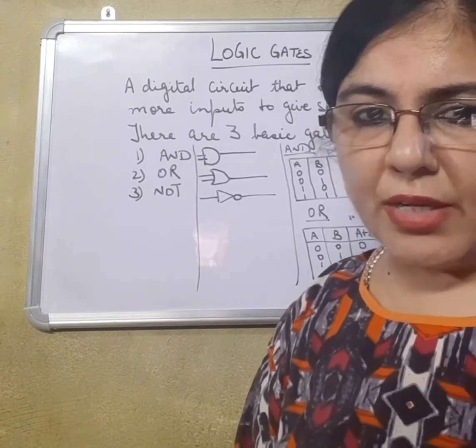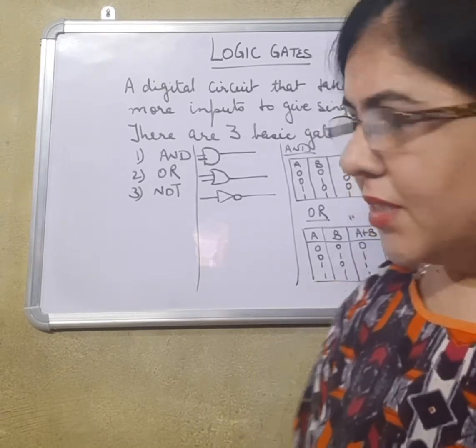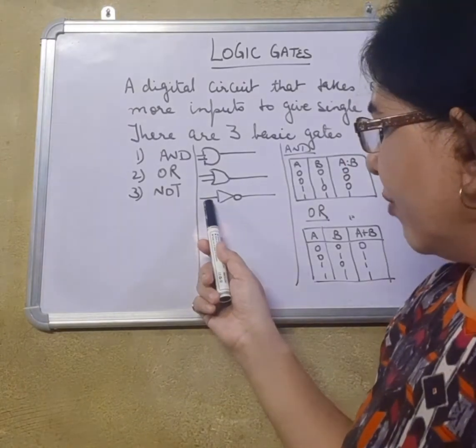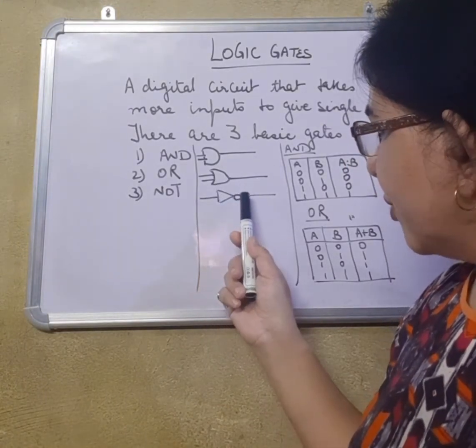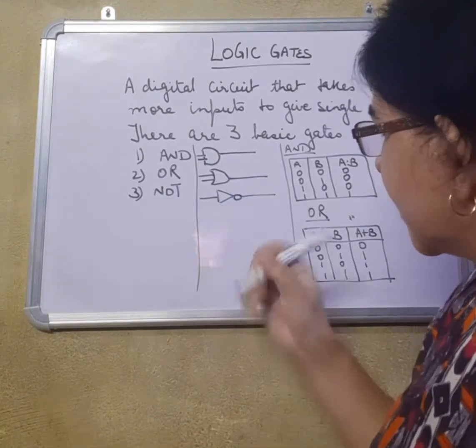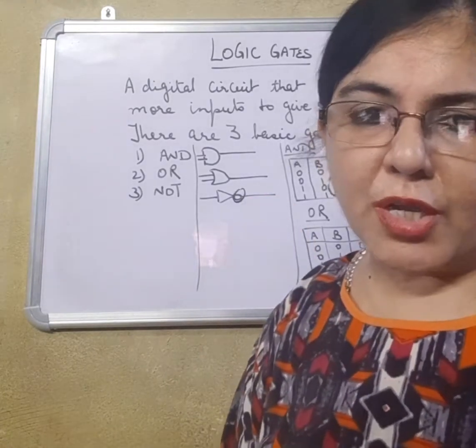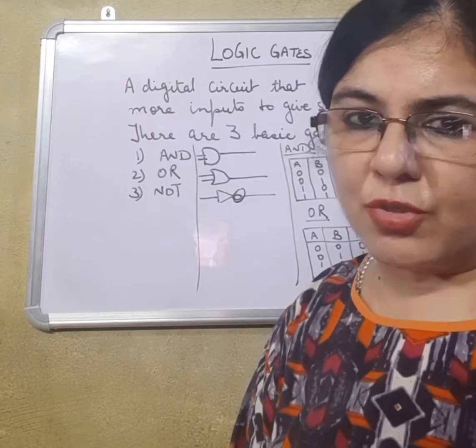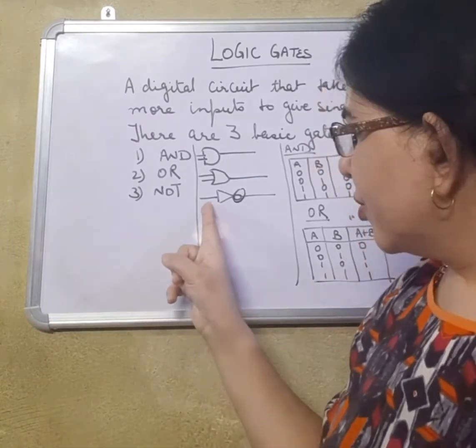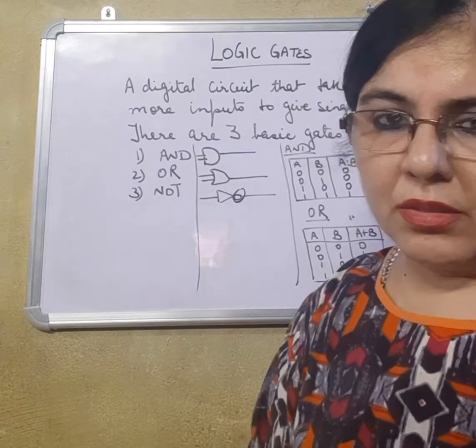But as soon as the light goes off, the inverter activates. Similarly, if you are giving 1 as a signal, it will give a reverse of it. This symbol, the circle at the back, will reverse your input. If you give 1, it will give you 0. If you give 0 as an input, it will give you 1.